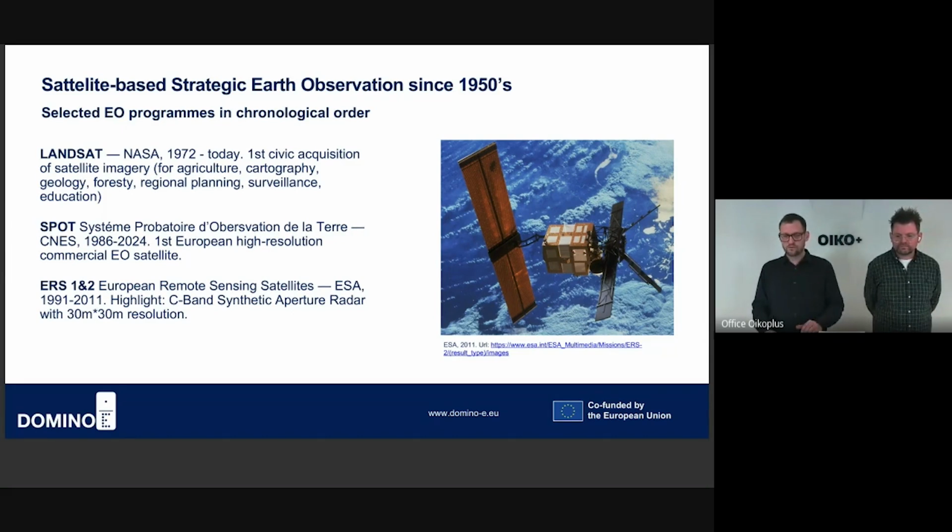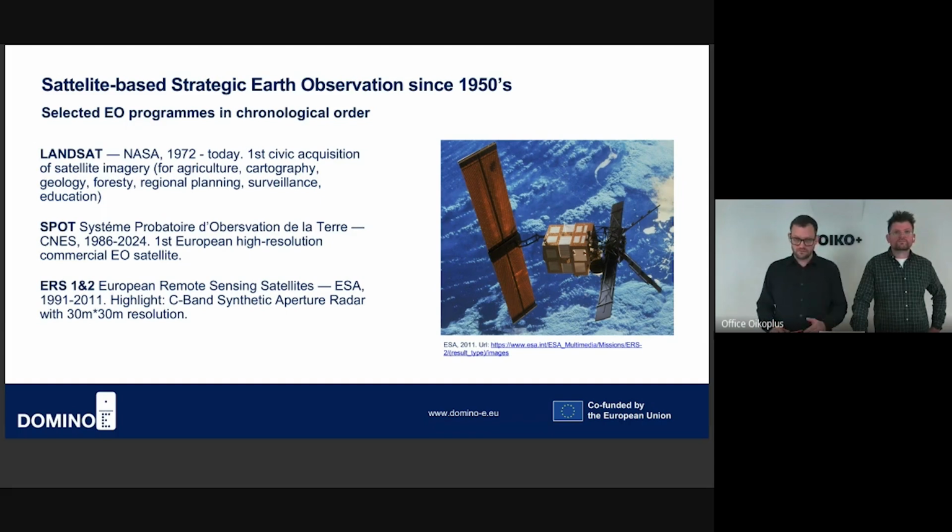Each of these programs also marked a disruptive evolution in capability, in accessibility, and in purpose of satellite constellations. Starting in 1972, NASA, for example, launched the Landsat constellation, the first ever civilian Earth observation program, to serve science, policy, and society.